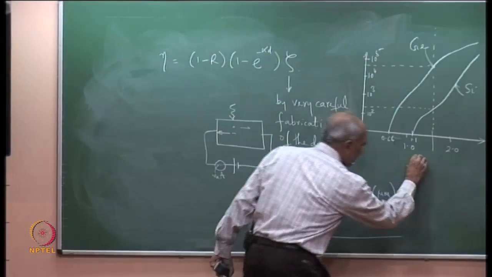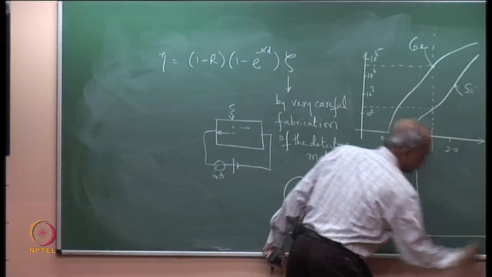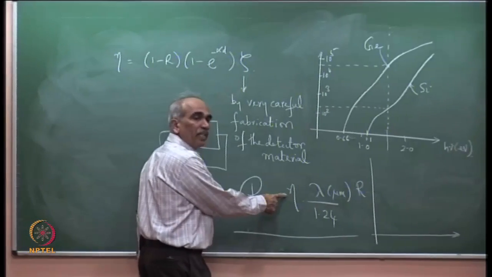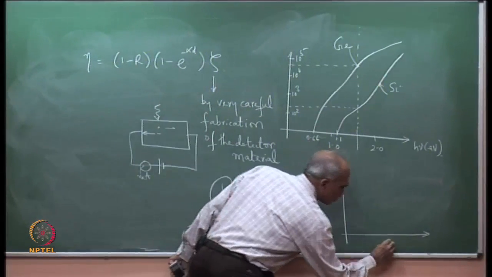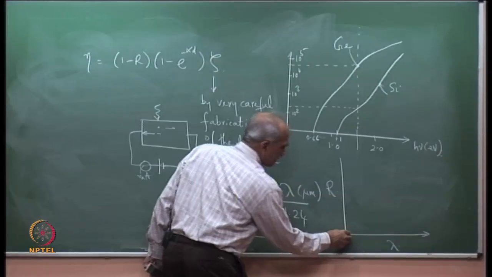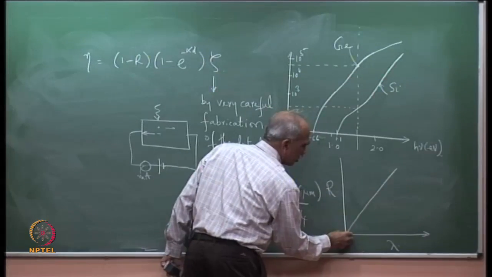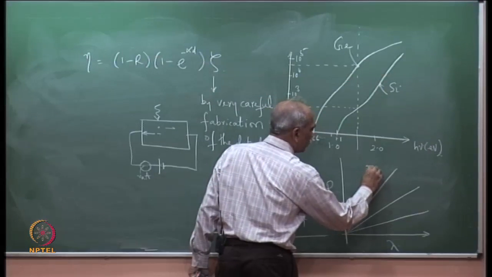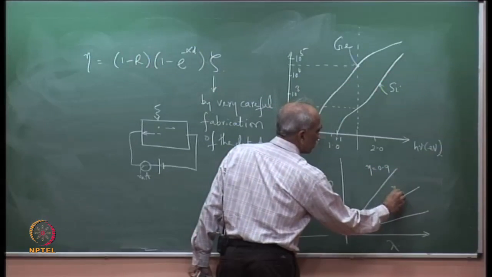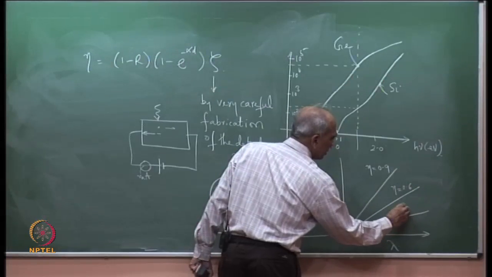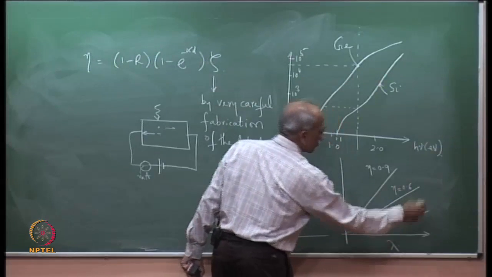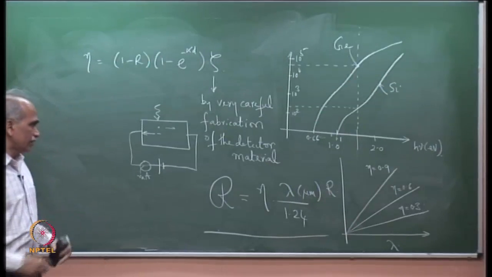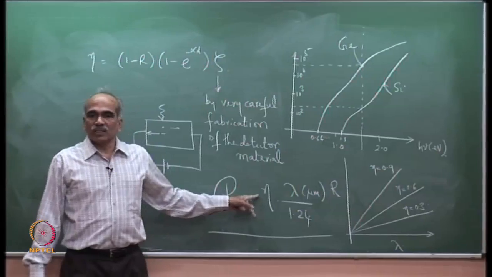If you plot R versus lambda, I will stop in a minute. So, if you plot responsivity versus lambda for different values of eta, it will be linear. Say for example, eta equal to 0.9, eta equal to 0.6, eta equal to 0.3, fixed eta. But we will see in the next class that eta is not a constant.